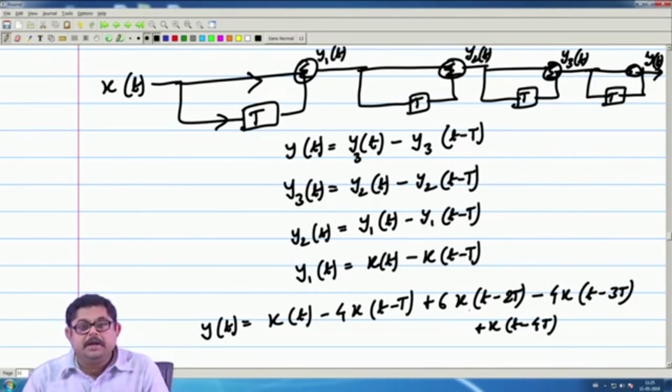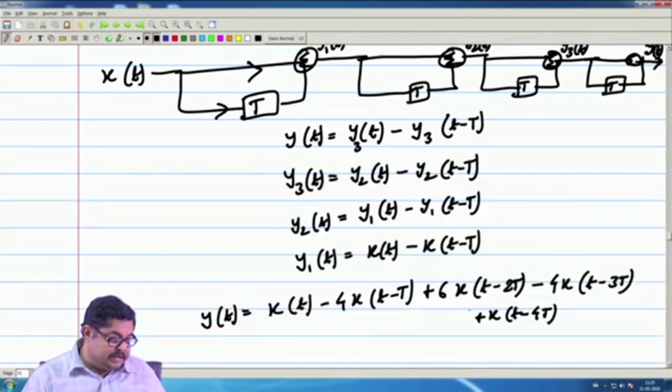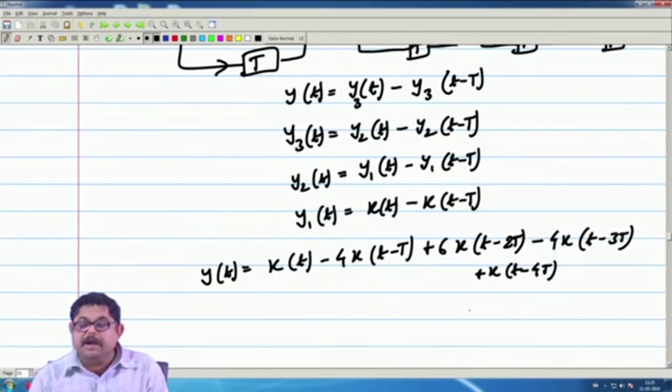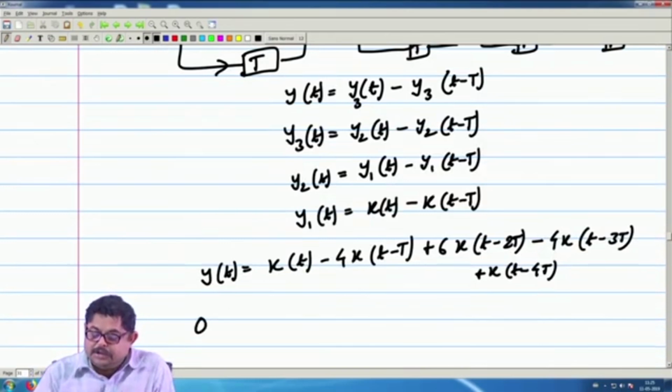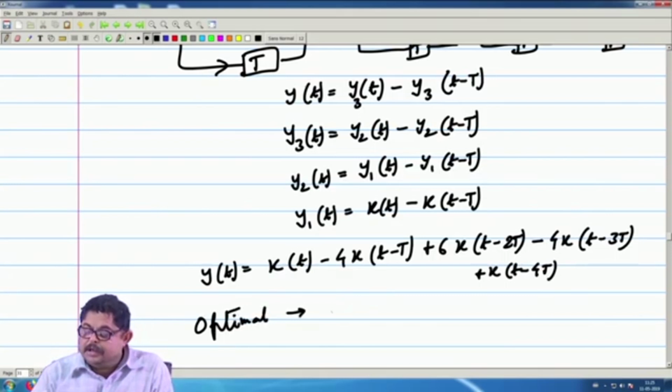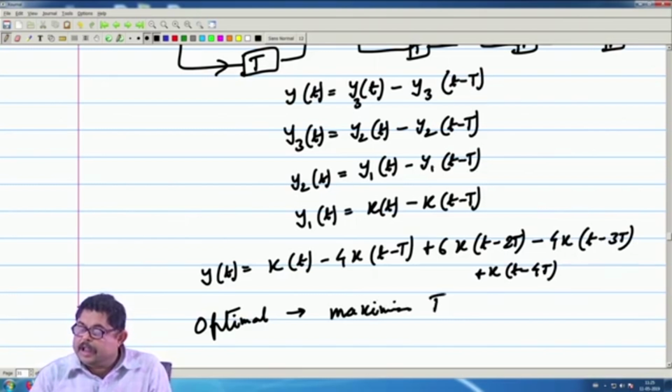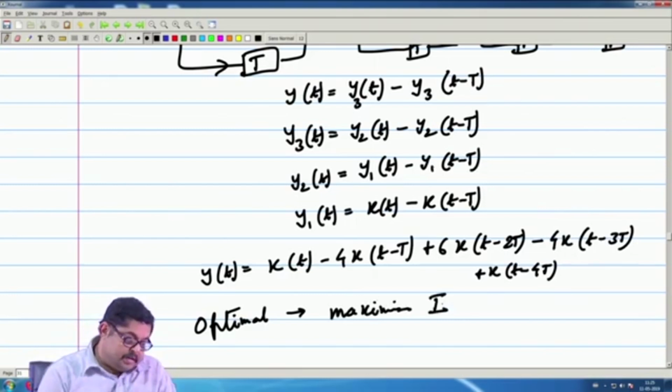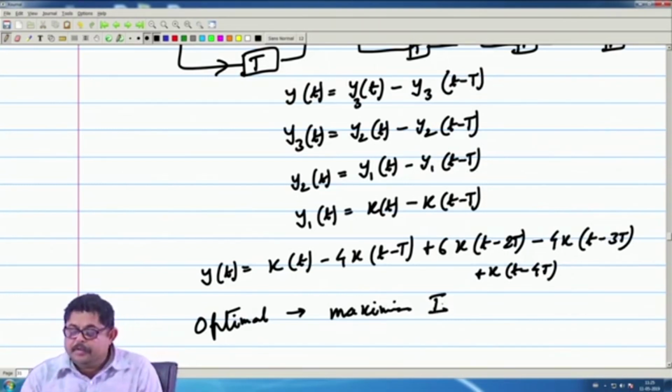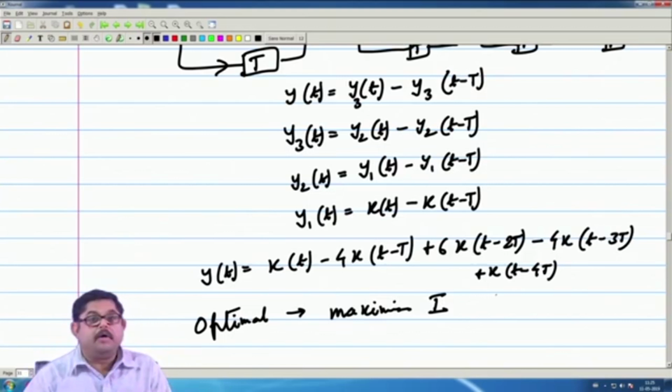Now, this binomial coefficient choice, that means this implementation, is optimal in the sense that it maximizes the MTI improvement factor I. Also, it maximizes the probability of detection.